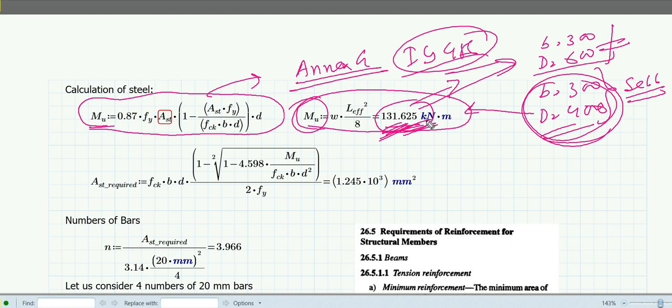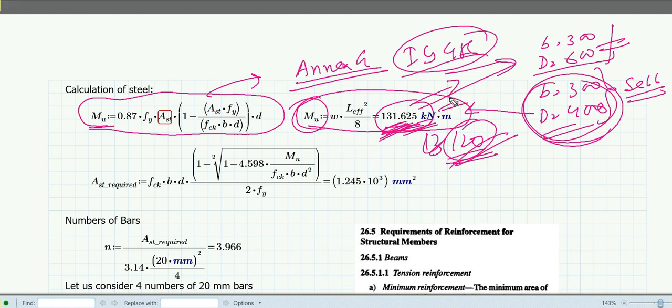Think whether the value we are considering will make our structure safer or vulnerable. If I consider this higher value, then I will be on the safer side. If I reduce this value, suppose instead of 130 I take 120, then I will be on the vulnerable side, because this is the design moment. So always try to take some higher values.